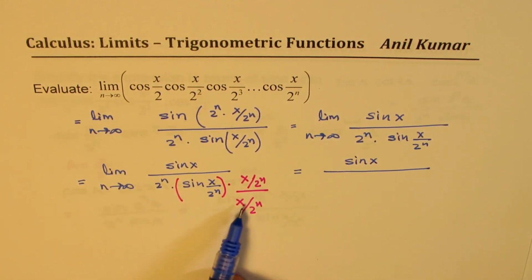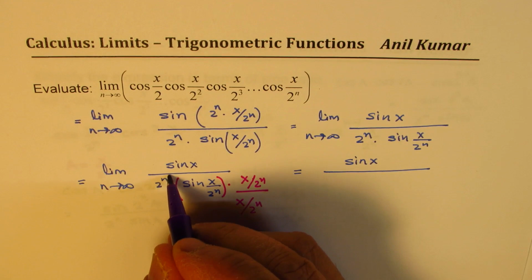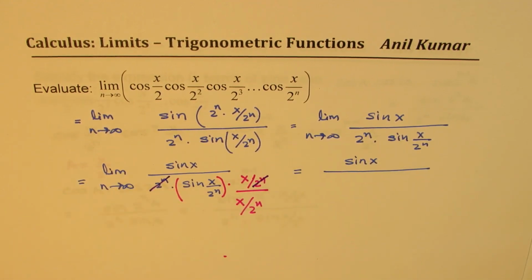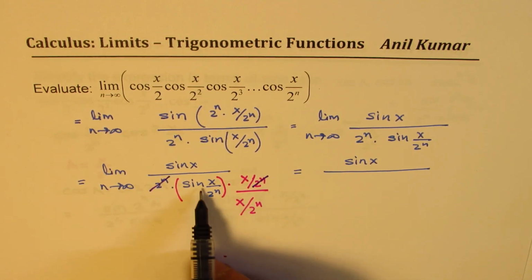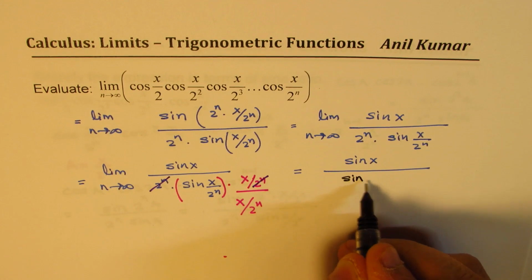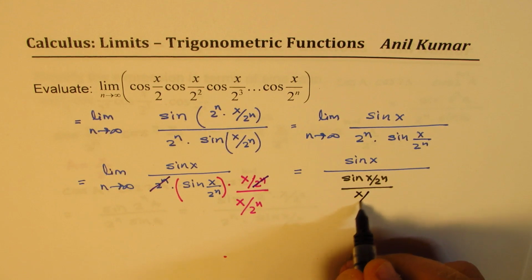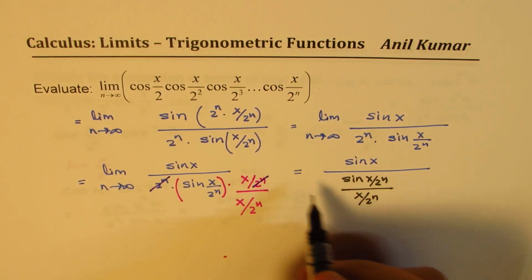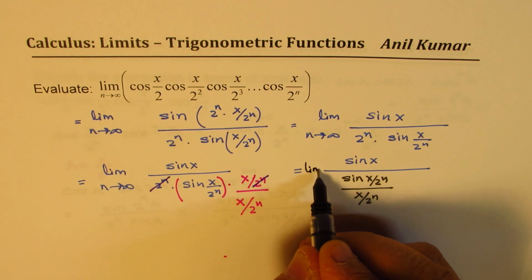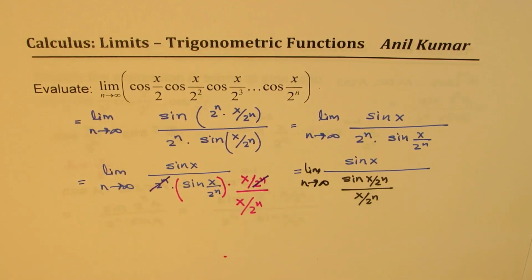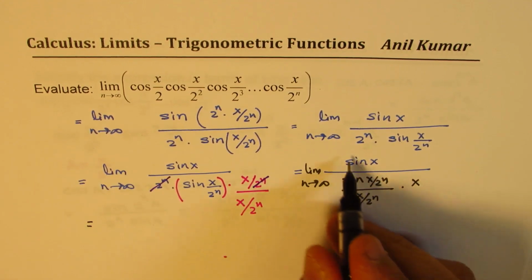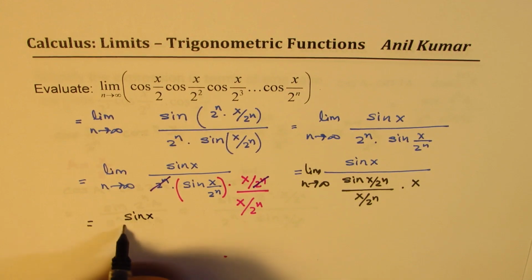Now, this portion, 2 to the power of n, gets cancelled with this 2 to the power of n, right? And what we have here is sine of x over 2 to the power of n divided by x over 2 to the power of n, right? And we are working with the limit n approaches infinity. And all this is being multiplied by x. So I can rearrange this and we can get sine x over x.